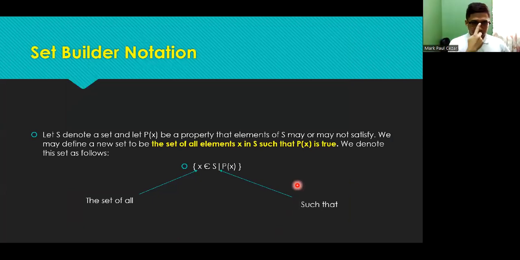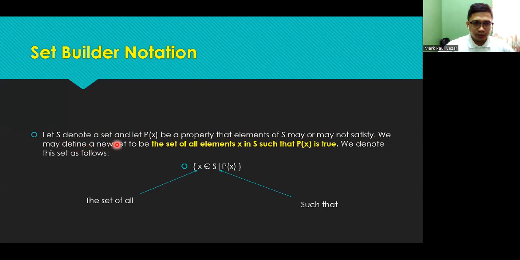So let's talk about set builder notation. Let S denote a set, and let P of X be a property that elements of the set S may or may not satisfy.